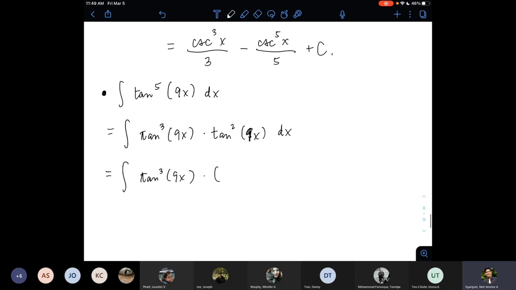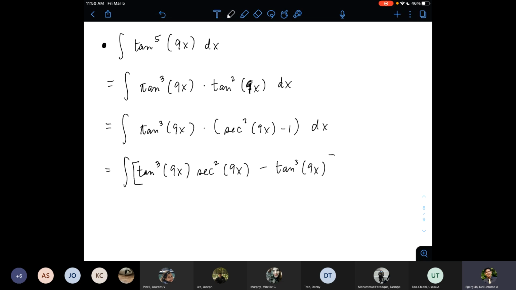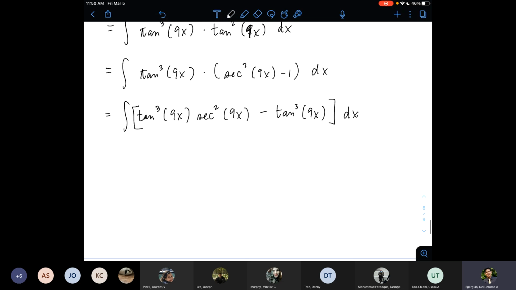Tangent squared is secant squared x minus 1, right? So now I will have the integral of tangent cubed 9x secant squared 9x minus tangent cubed 9x dx. Actually, here I think I don't need integration by parts, just successive use of the identity for tangent squared, right?